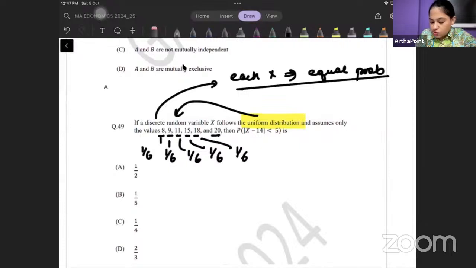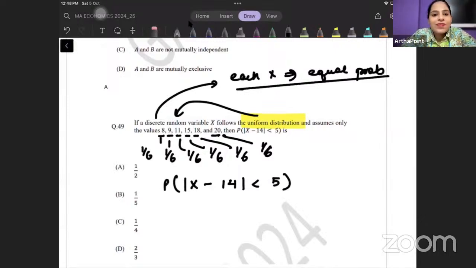Now try to solve this question. Now try solving it. Give it a try. Open the absolute value. Think. Probability x minus 14 less than 5. इसको open करते हैं.